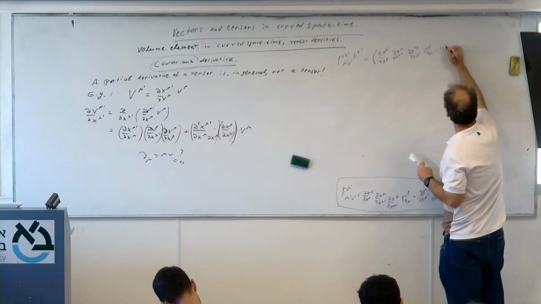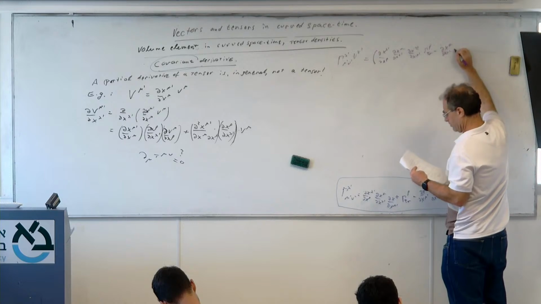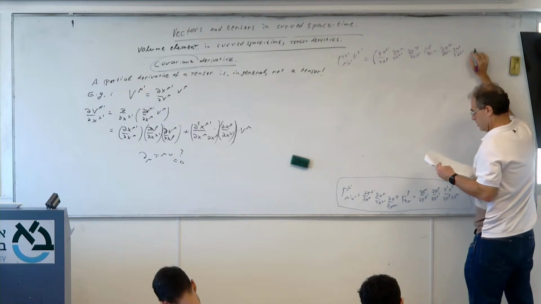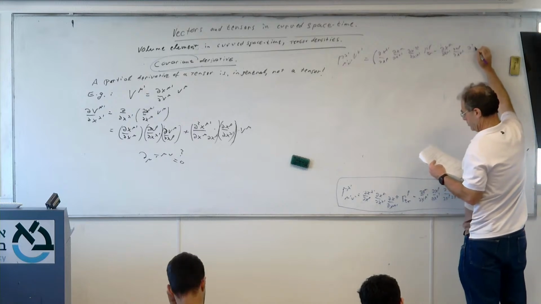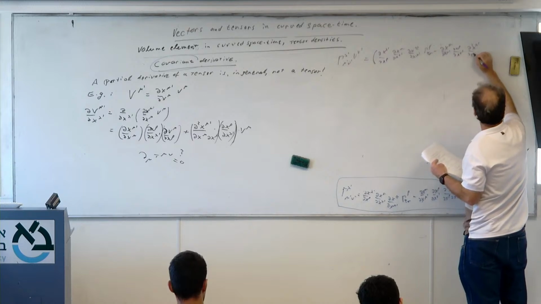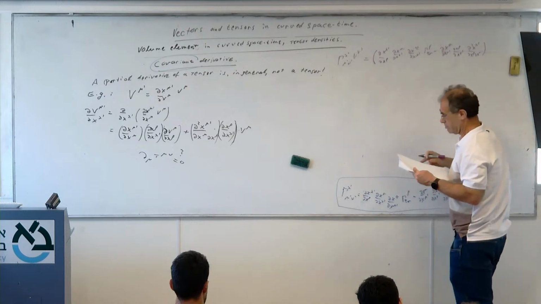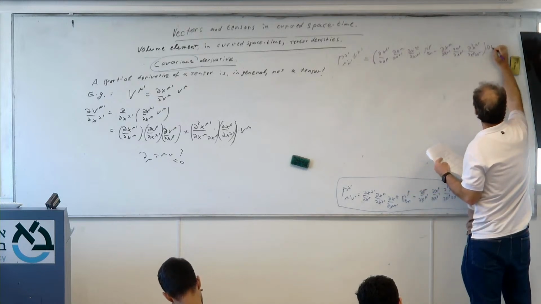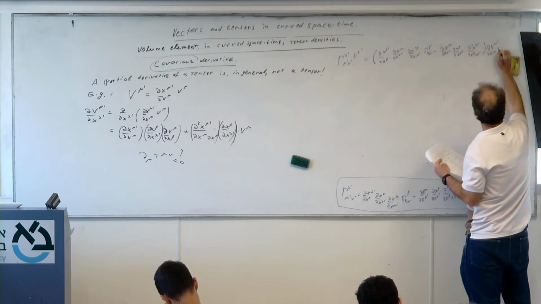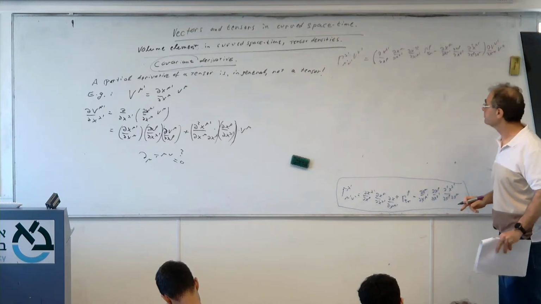Minus dx sigma over dx mu prime, dx rho over dx mu prime, times d squared x lambda prime over dx rho dx sigma. So this is the lambda, and the v, this is just dv mu prime over dx kappa, v kappa. It's the transformation law for this format.